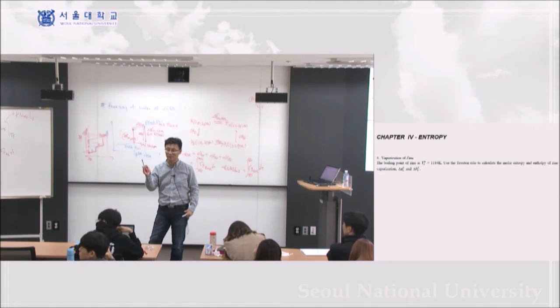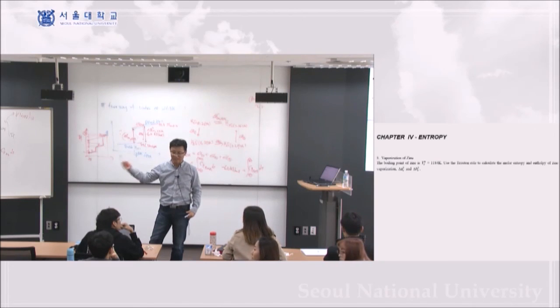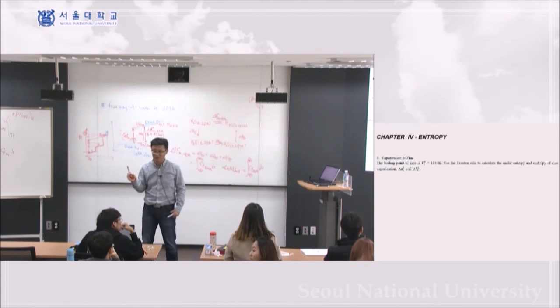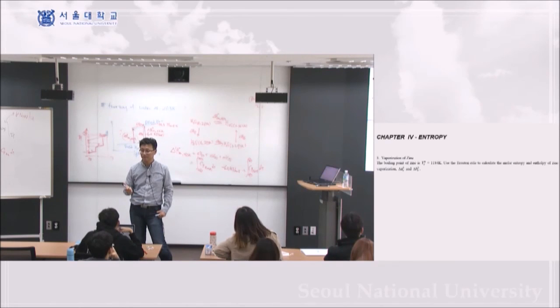Delta G equal to delta H minus T delta S. So we know the T, and we know the S, so we can calculate H. H equal to T of vaporization times S of vaporization. Okay? It's simple, yeah? Good.